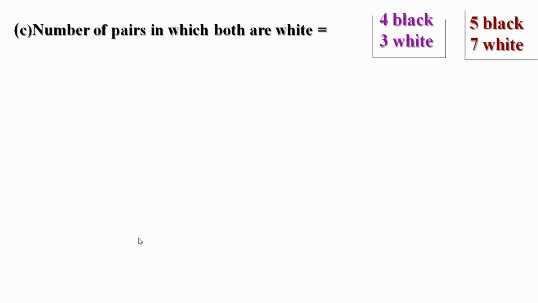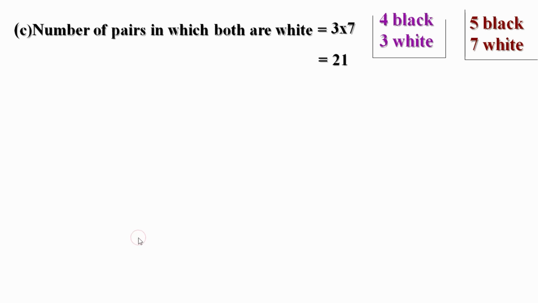Now, we have to find the probability of getting one black and one white. First of all, let us find the number of pairs in which both are white. In the first box there are 3 white beads and in the second there are 7 white beads.